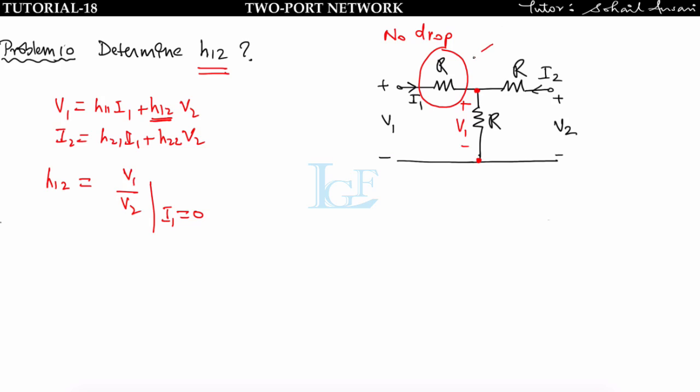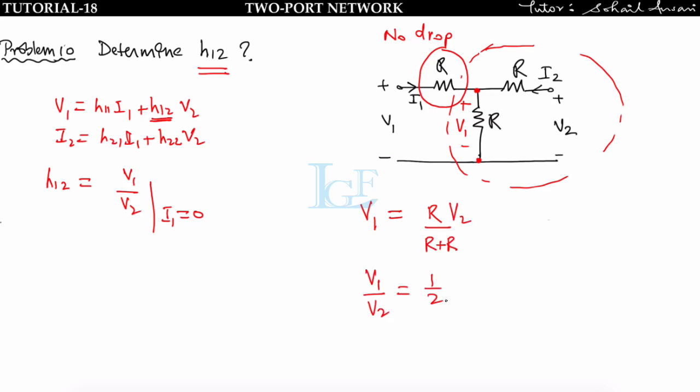Now apply voltage division rule in this circuit. When you apply voltage division rule, you will get V1 is equal to R V2 upon R plus R. So V1 upon V2 is equal to 1 by 2, that is equal to H12. In this way we can find any parameter.